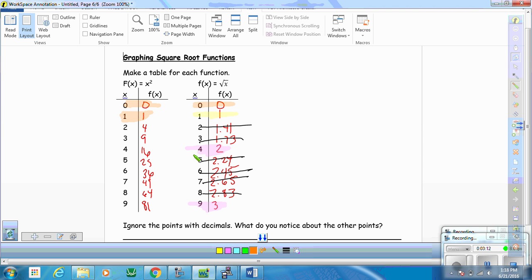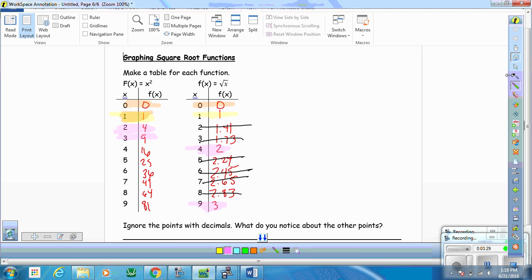However, I've got 4, 2 over here. Over here I have 2, 4. They're similar. Here I have 9, 3. But here I have 3, 9.